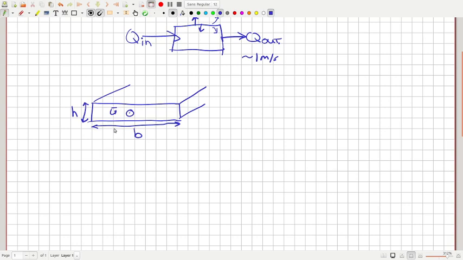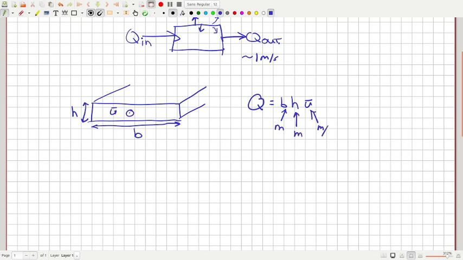If it's a rectangular channel and we have all of these numbers down, what we know then is that Q, which is the discharge, is just going to be equal to the width times the depth times the mean velocity. We can check that with units really quickly. Width is going to have units of meters, like length. Height, also meters.